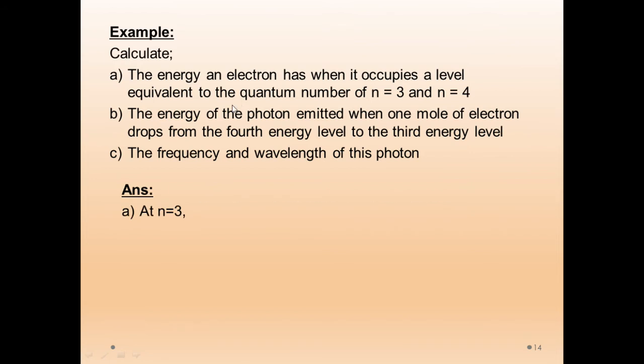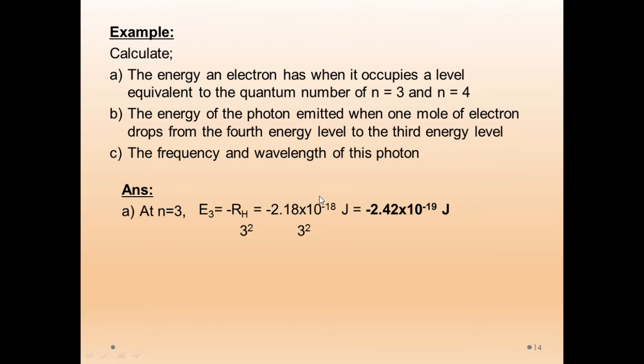Calculate the energy of an electron when it occupies a level with quantum number n equals 3 and n equals 4. The energy of the photons emitted when 1 mole of electrons drops from the fourth energy level to the third, by substituting into this formula.